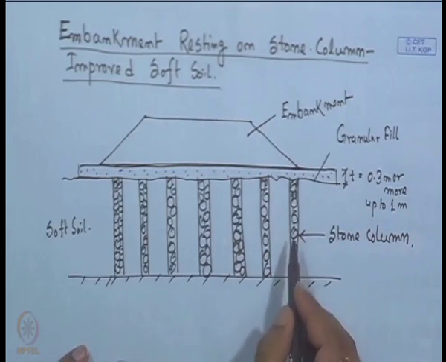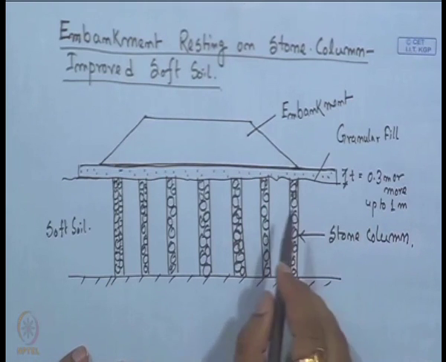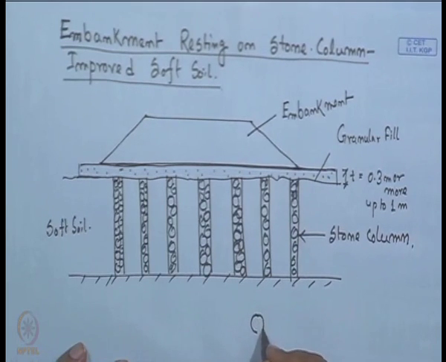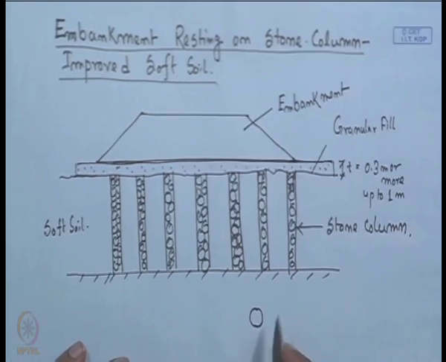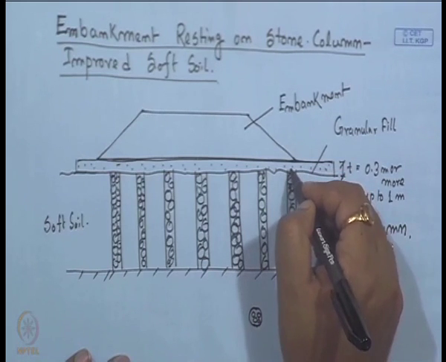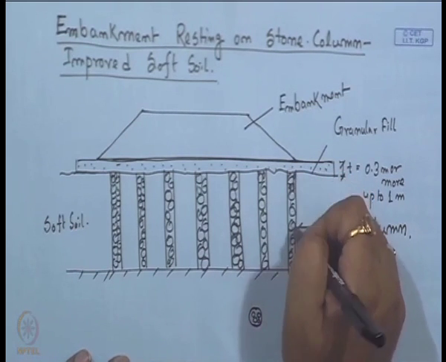So, these are the methodologies available to construct the stone column. We are not going into detail on that, we are just giving the idea of what a stone column is. Basically, this is a column which has a specific diameter, and based on this desired diameter we insert the stone into the ground.